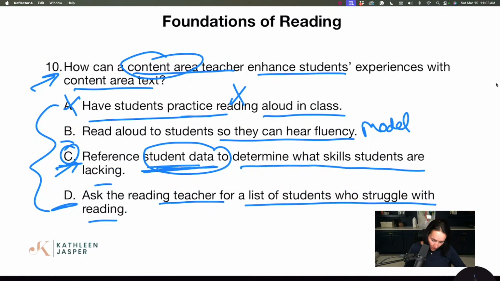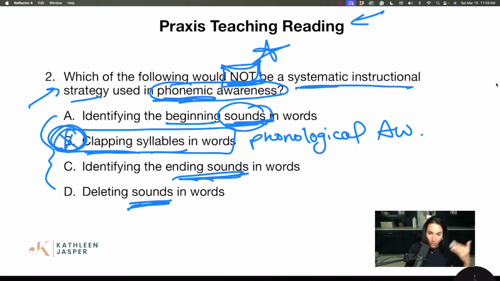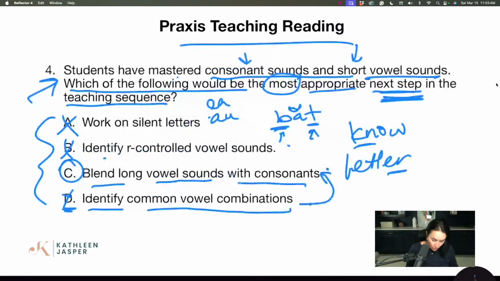We've got looking at data to make instructional decisions. Oh yeah, that would be good in a writing prompt or in a response. We've got the difference between phonemic awareness and phonological. Look at these. Identifying beginning sounds and words, ending sounds and words, and deleting sounds. Those are all strategies. Clapping syllables is a strategy. So as you're writing these or answering questions correctly, think about them for when it comes to the open response.